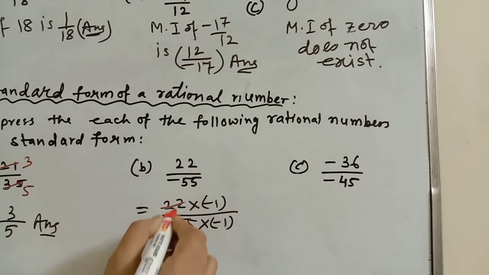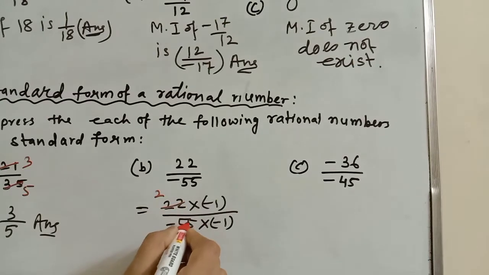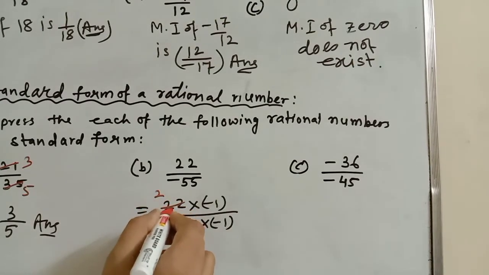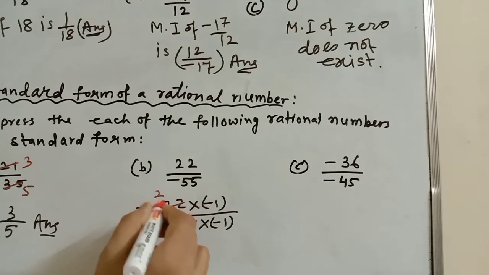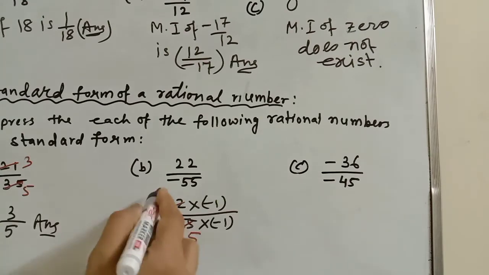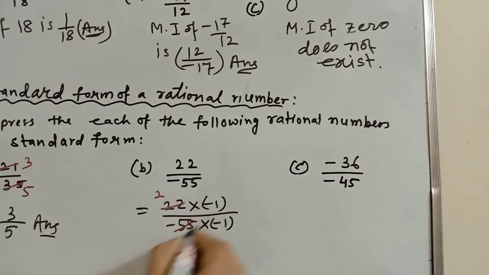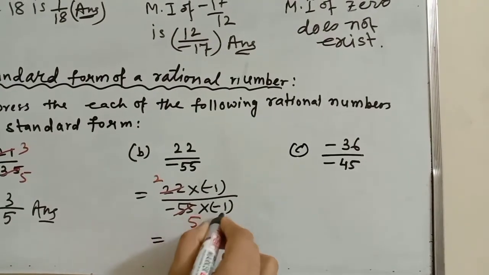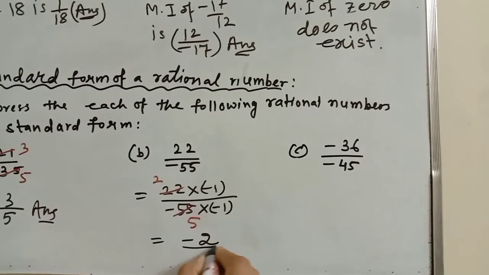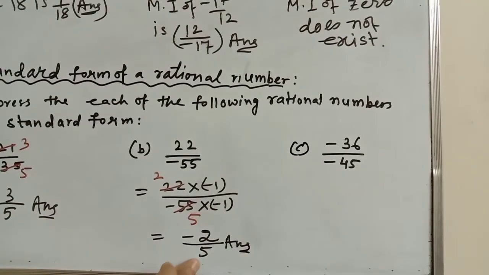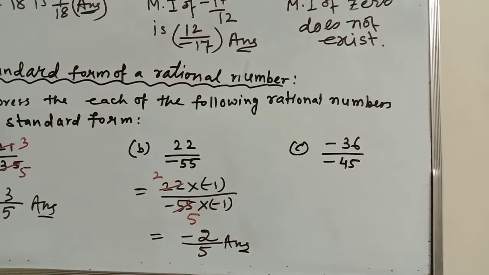You can cancel 22 by 11 and 55 by 11. 11 2s are 22, 11 5s are 55. So 2 by 5 is the simplest form. Now the 22 has become minus 2 and minus 55 becomes positive 5. So this is in the standard form. The denominator is positive and it is in the simplest form also.